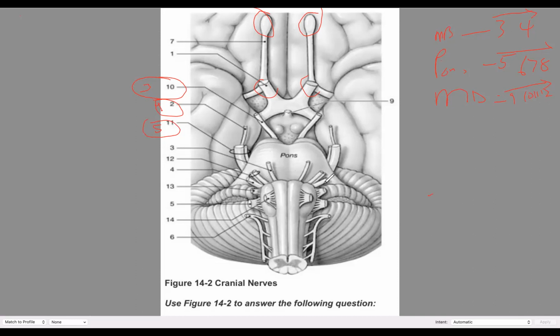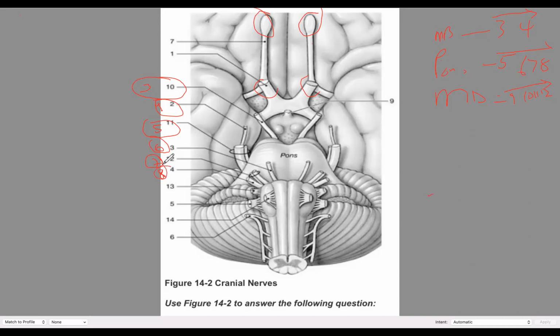No, number 3 will be 6, followed by number 12, which is 7. Then the number 4 will be 8. Okay, all right. I agree with you totally.